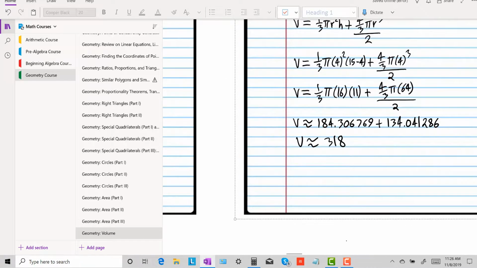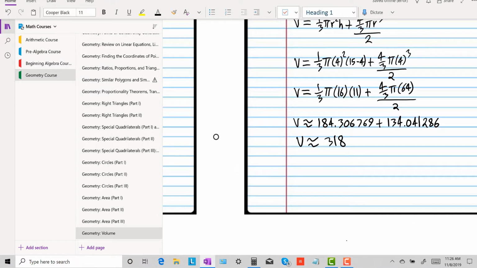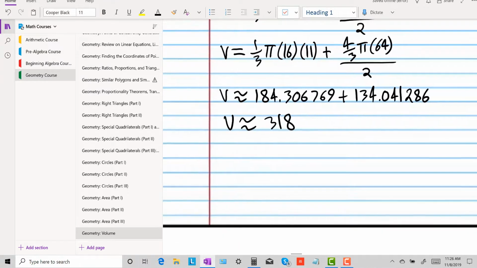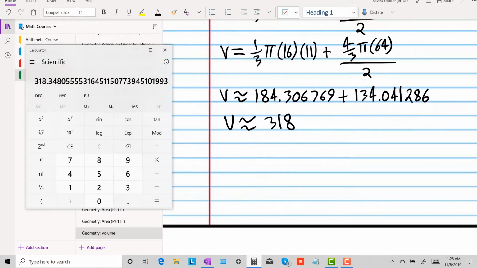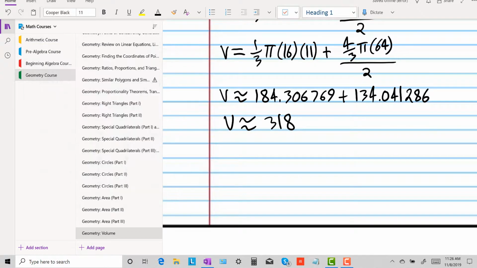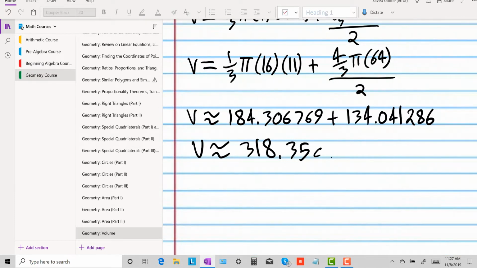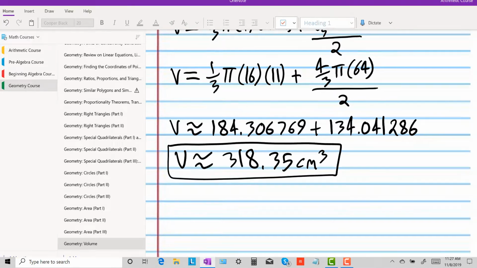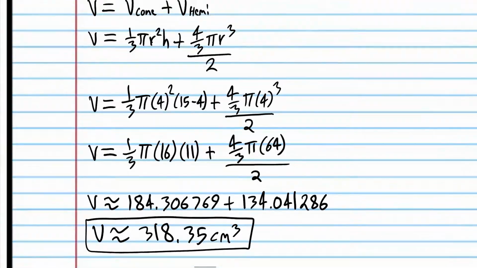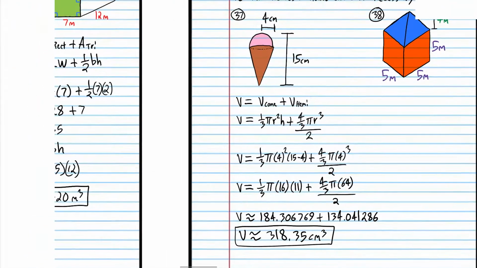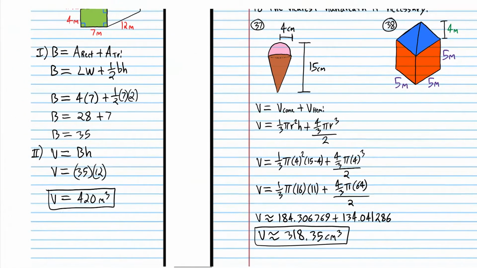So rounding to the nearest hundredth place, we have 318.35. And the units are centimeters, so that's cubic centimeters. And there you go. So that is the volume of that ice cream cone, the cone and the hemisphere.